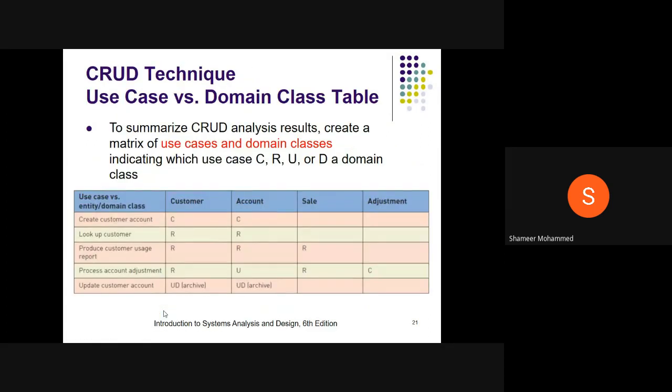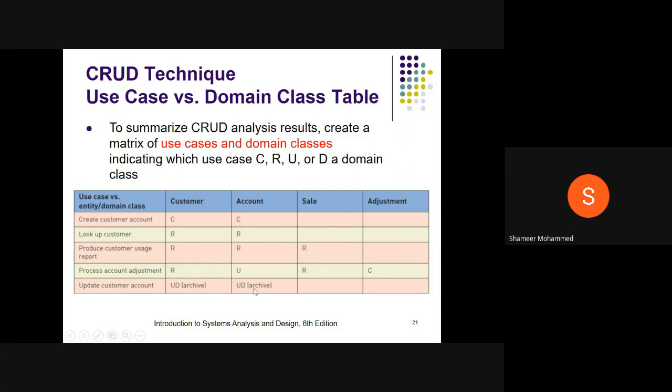See, these are the different domains. Customer is one domain, account is one domain, sales is one domain, adjustment is one domain. And these are the use cases. By seeing this table, you can easily understand. See here, updating the account. So who will update, and what will we update? For the customer, you will update the account.